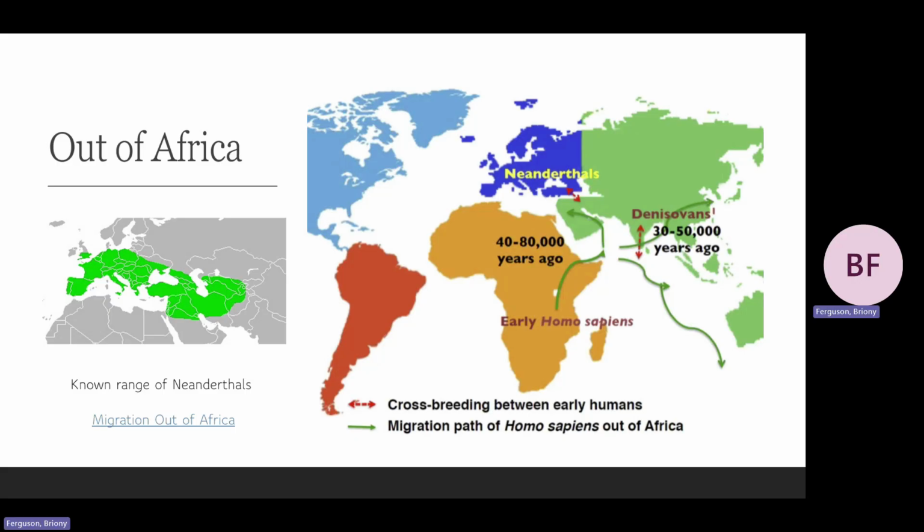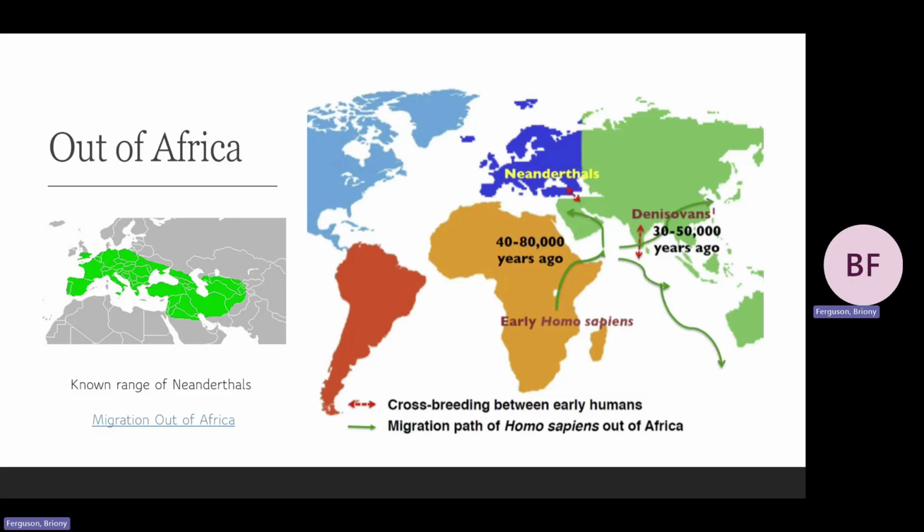The reason that this is such an issue is because we obviously shared a common ancestor with Neanderthals. However, Neanderthals migrated out of Africa a lot sooner than early Homo sapiens did. And despite the fact that there is evidence that we have interbred, modern populations, especially if you are more Caucasian or have more European ancestry, we tend to have between 1% and 4% Neanderthal DNA.